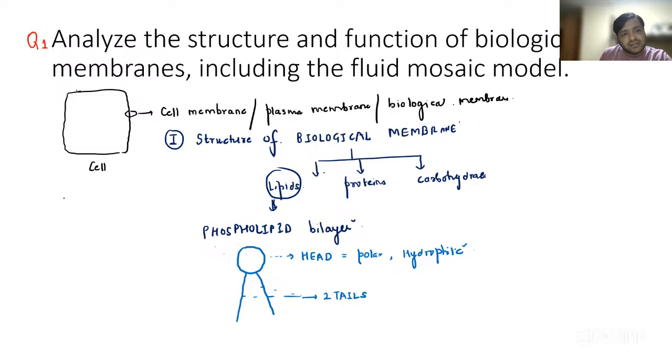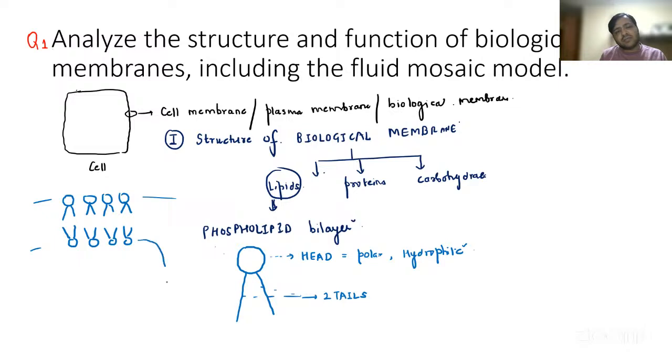So it is arranged in such a way, guys, that the head part always faces towards the aqueous compartment, the water side. They are arranged like this, the tails facing inside and the head always outside. So if this is the cell membrane, it is like this.